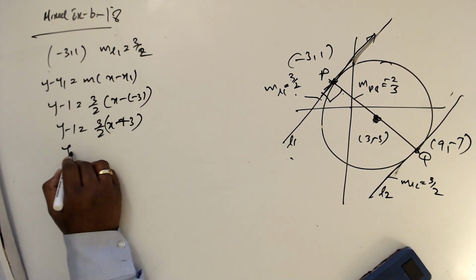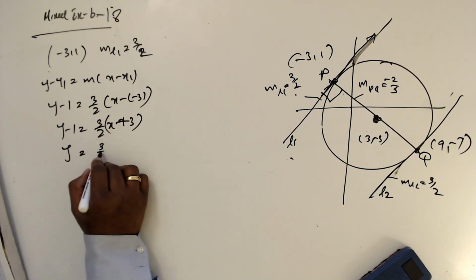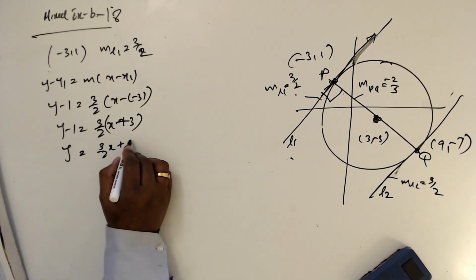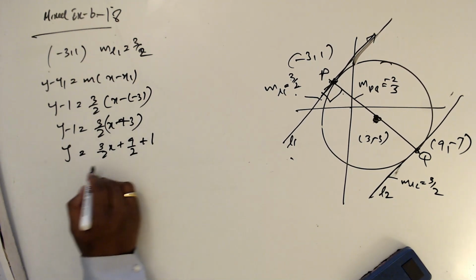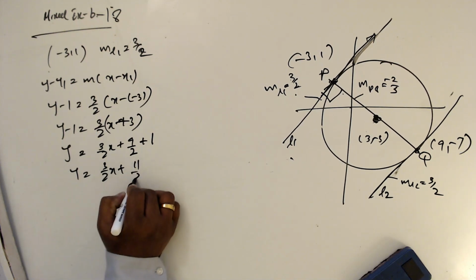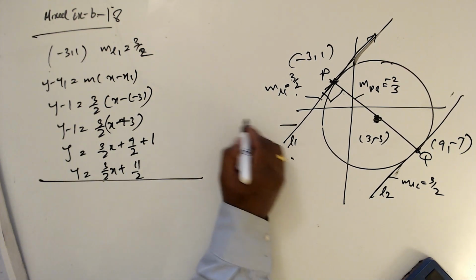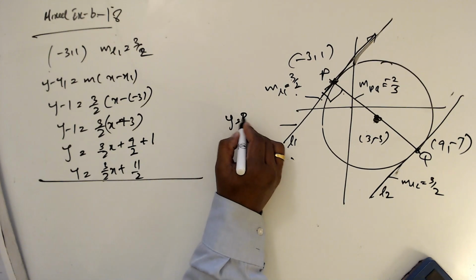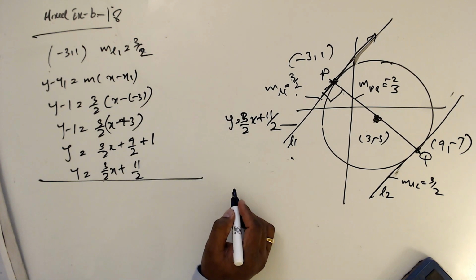So y equals 3 over 2 x plus 9 over 2 plus 1. It means y equals 3 over 2 x plus 11 over 2.